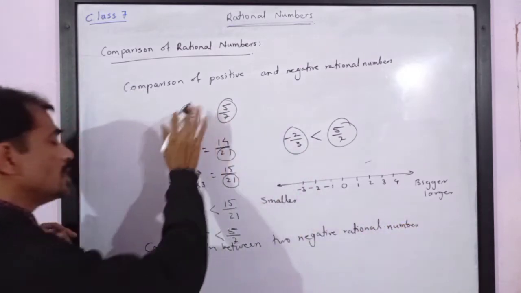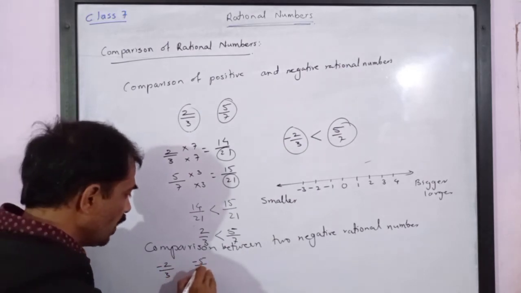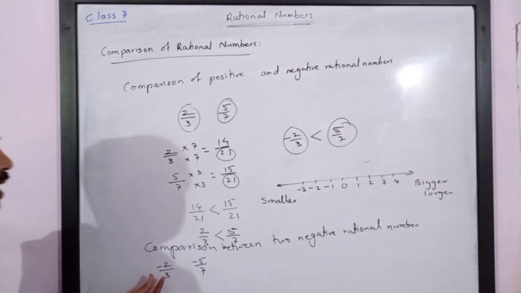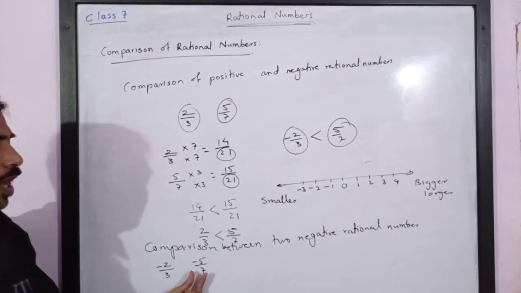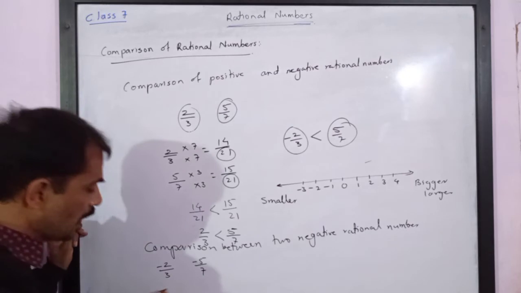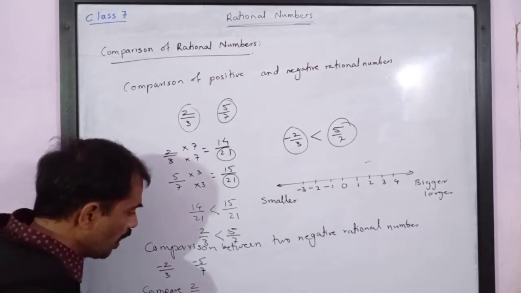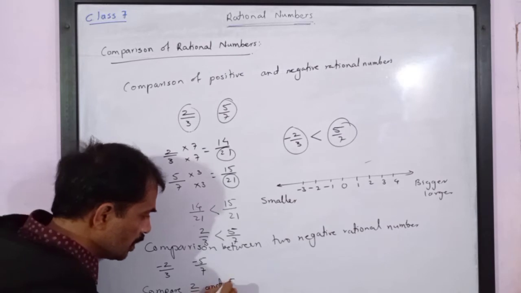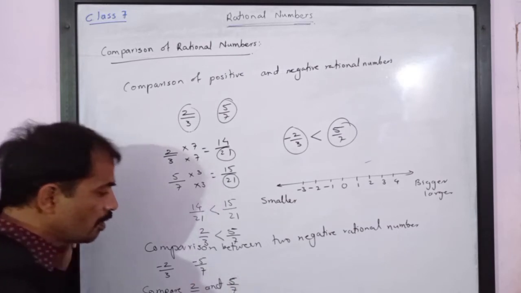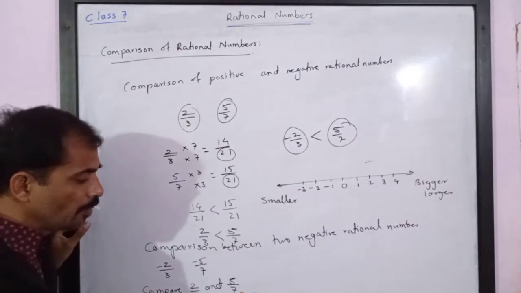So if we are given the fractions negative 2 upon 3 and negative 5 upon 7, in this case we have to compare without their signs. So we first compare 2 upon 3 and 5 upon 7 by the method that we have already studied, that is how to compare positive fractions.